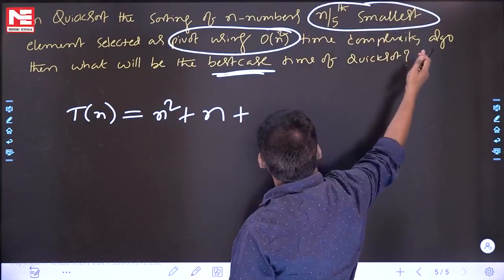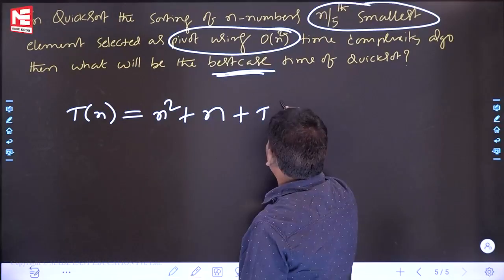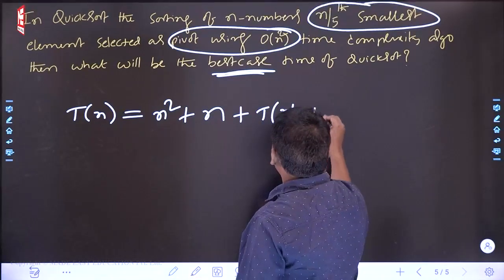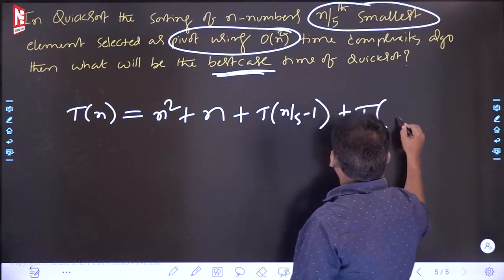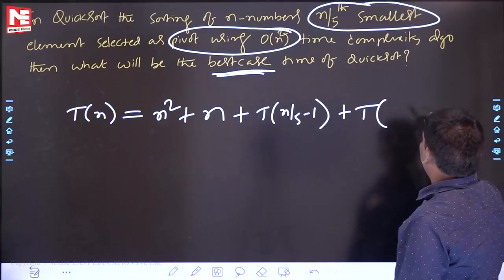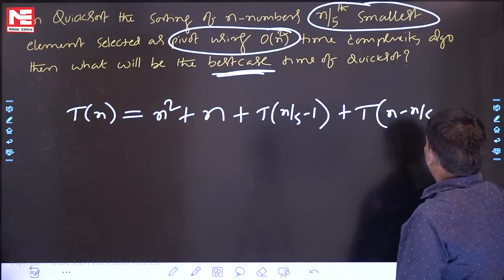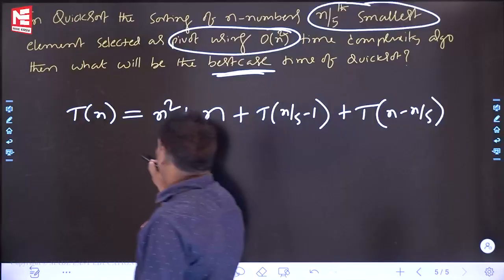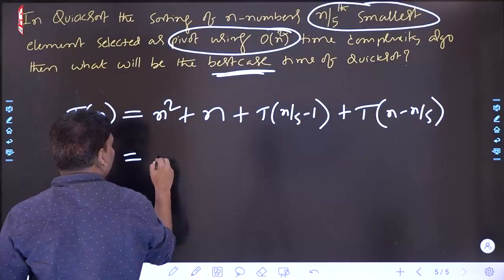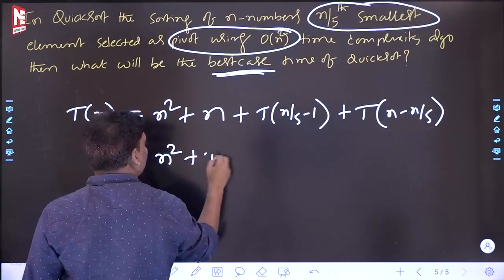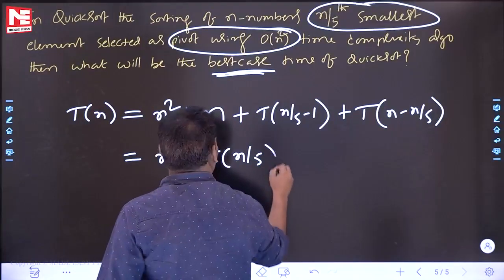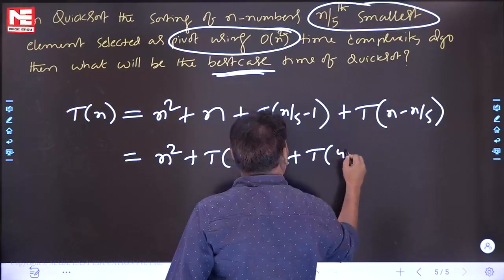It will go to n by fifth place anyhow. Left how many? T of n by 5 minus 1. Right how many? Remaining is n minus n by 5. So it will go to n square plus T of n by 5 plus, roughly, T of 4n by 5.